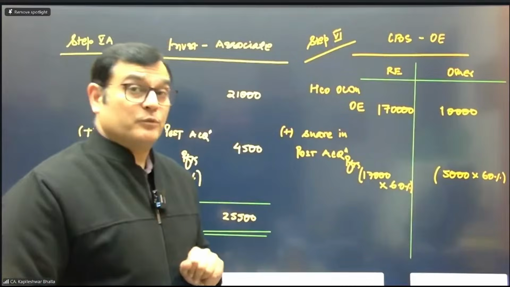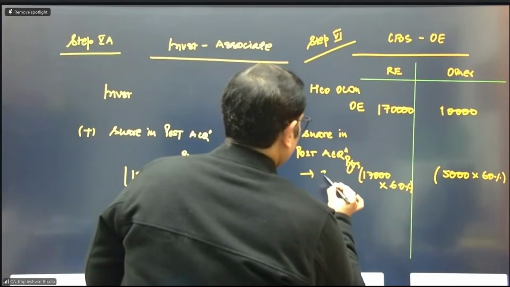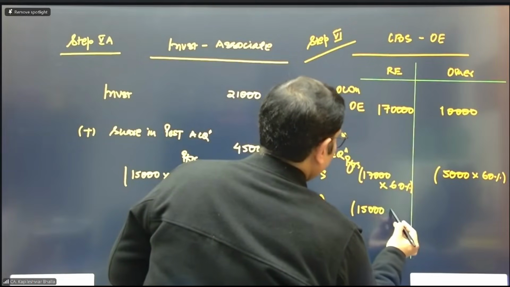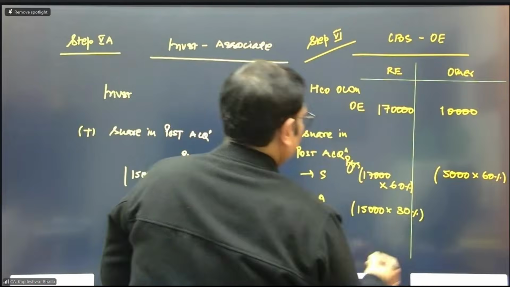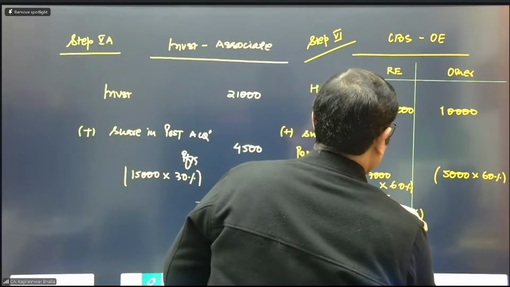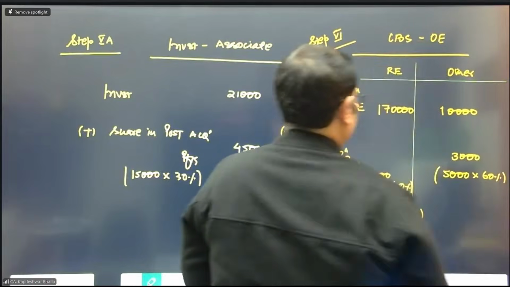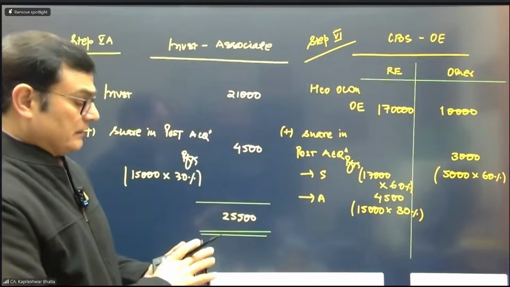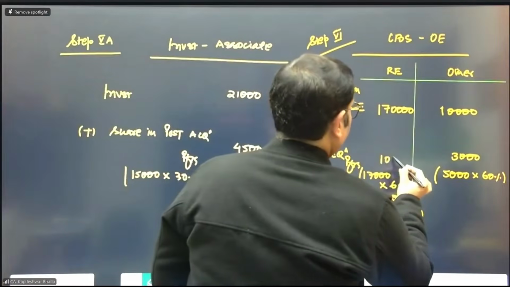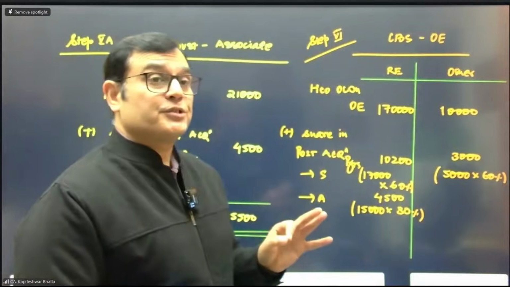This is the post-acquisition profits in the subsidiary. Then we also need it for the associate, and that was 15,000 into 30%, which you've taken here as well. So this is going to be 4,500, and this is 3,000, and 17 into 60%, that's 10,200. Right, so this is the post-acquisition earnings.